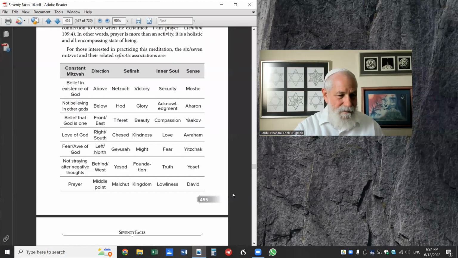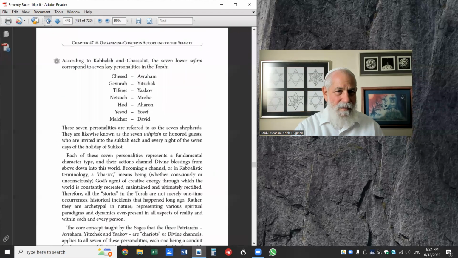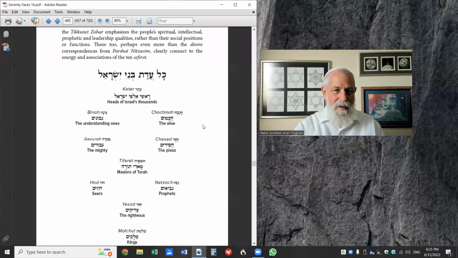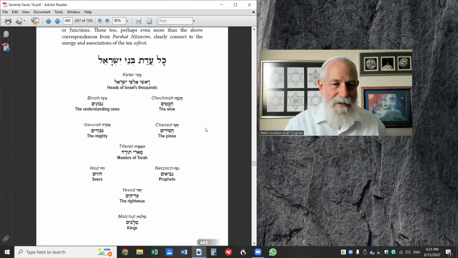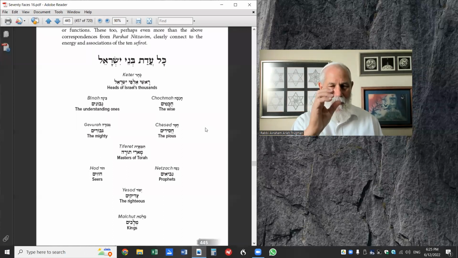So now we're going to go just to the next page. I mentioned that this idea of using the Sefirot as an organizing method of learning and remembering is first brought down in the Zohar.